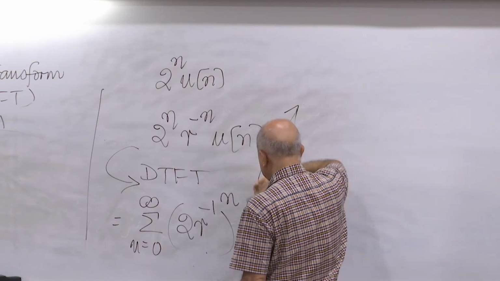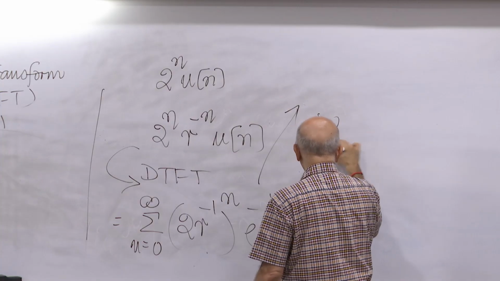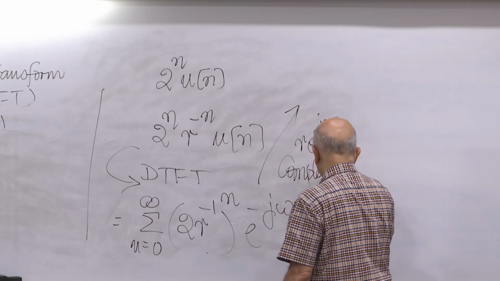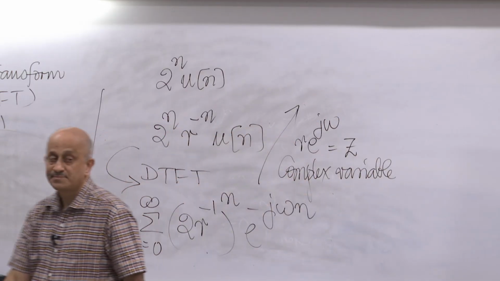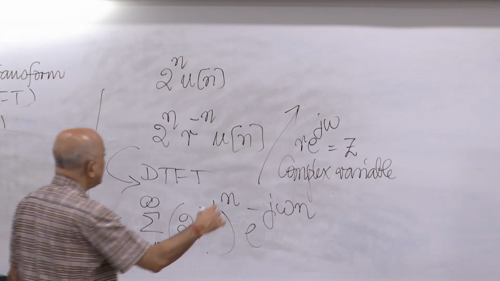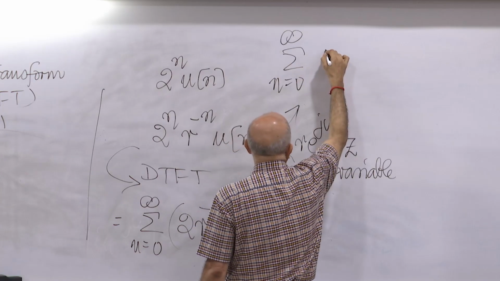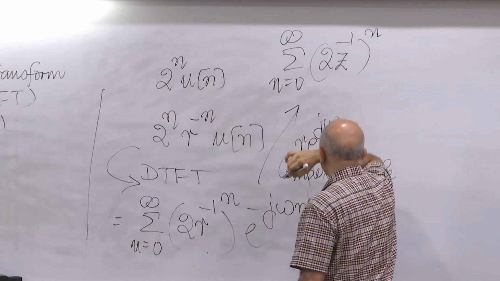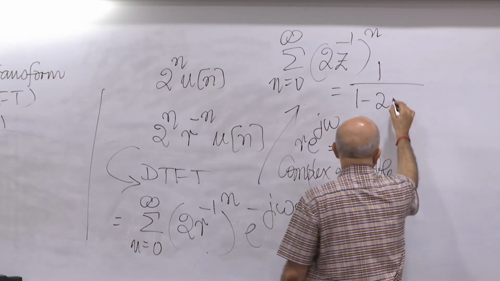The summation is, you see, here again, we will now replace r e raised to the power j omega by a variable z. It's a complex variable. And this becomes summation n going from 0 to infinity of 2 z inverse to the power n, which of course you can easily sum: 1 by 1 minus 2z inverse.